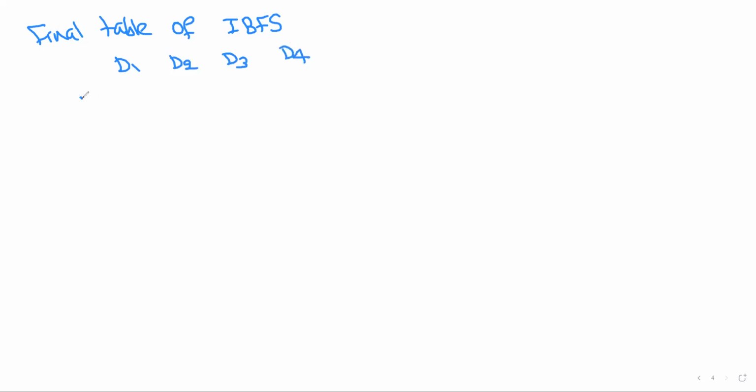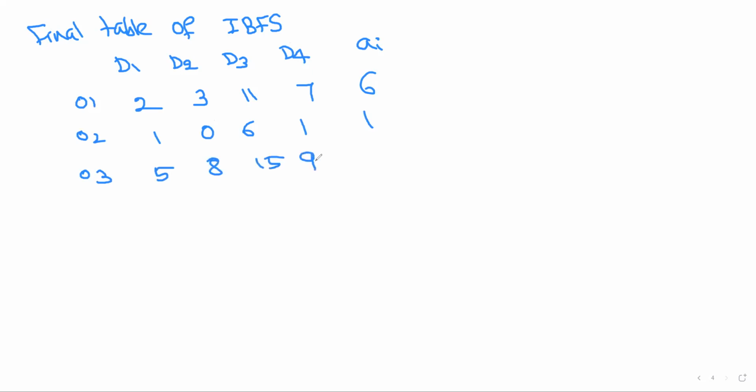And here we have O1, O2, O3. 2, 3, 11, 7, 6 availability. 1, 0, 6, 1, 1 availability. 5, 8, 15, 9, availability is 10. And requirements are 7, 5, 3, 2.